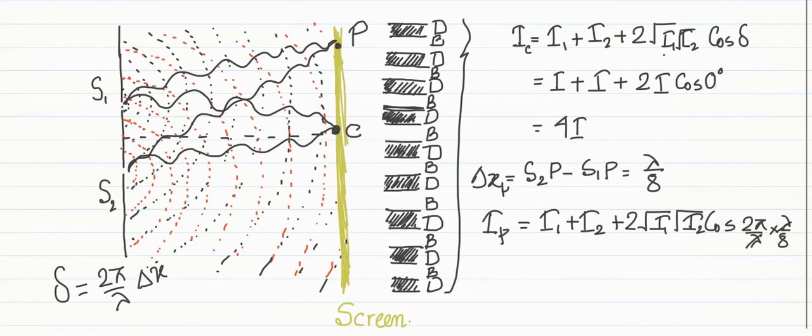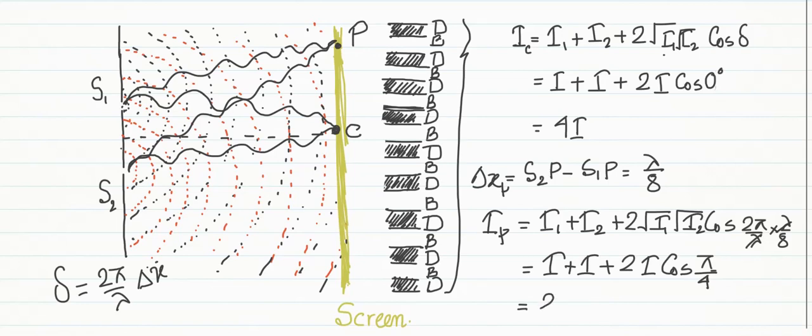Lambda cancels out, so this becomes simply pi by 4. With the same consideration that I1 and I2 are equal, it is I plus 2 root I1 I2, which becomes simply I, times cos pi by 4. What is the value of cos pi by 4? Cos pi by 4 is 1 by root 2.